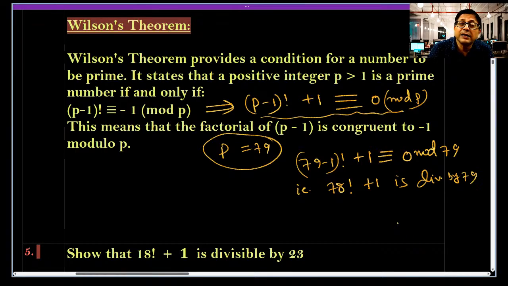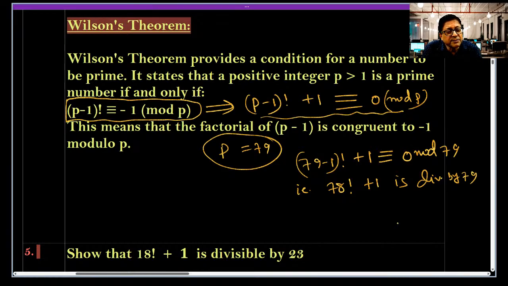Then only divisible by 79. And another very interesting thing to note, this converse is also always true. (P minus 1) factorial plus 1 congruent with 0 mod p, this is true. Converse, if this is true, then p must be a prime number.